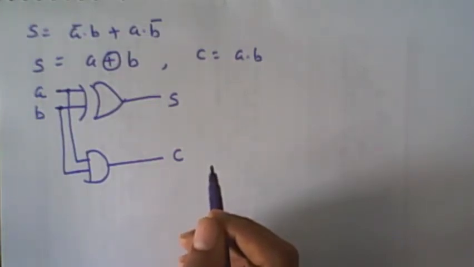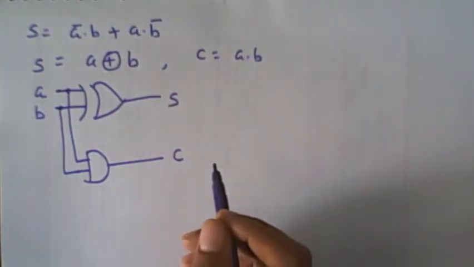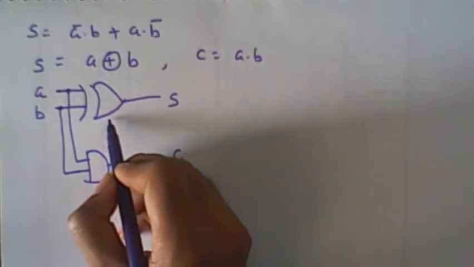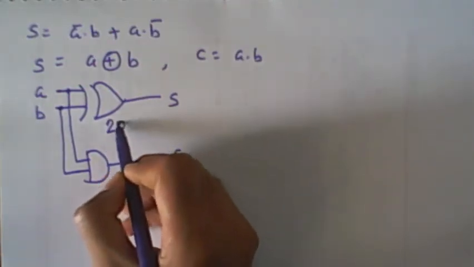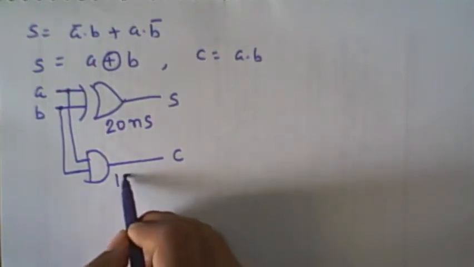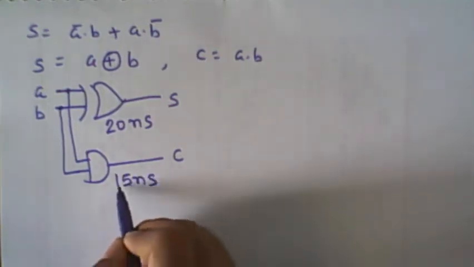Let's see, suppose a practical constraint for the implementation is to minimize the propagation delay. So let me check the propagation delay in both circuits. Let's suppose the propagation delay of an XOR gate is 20 nanoseconds and of an AND gate is 15 nanoseconds.